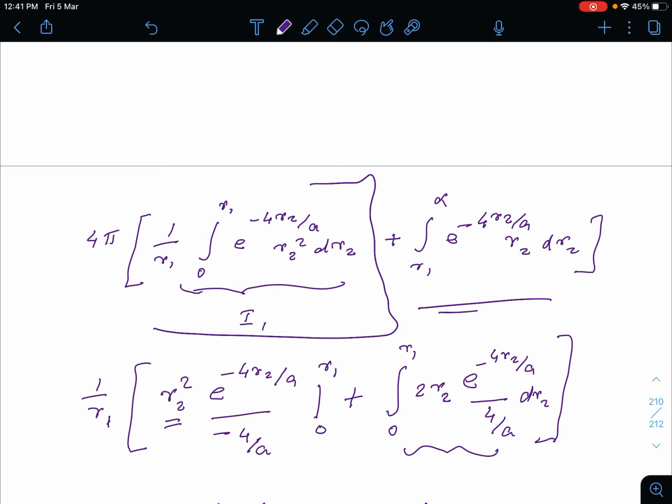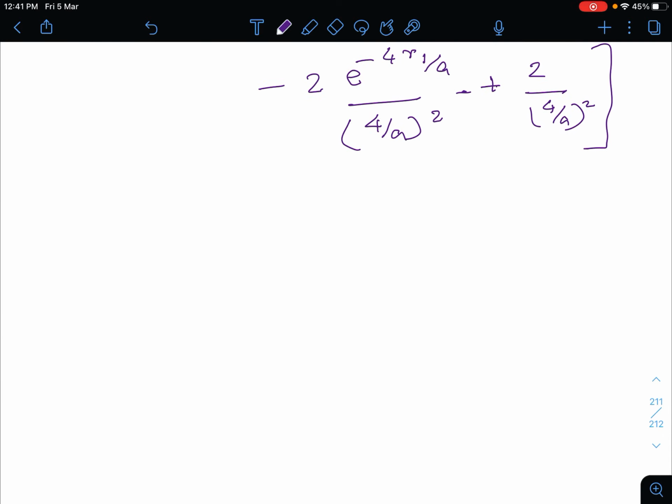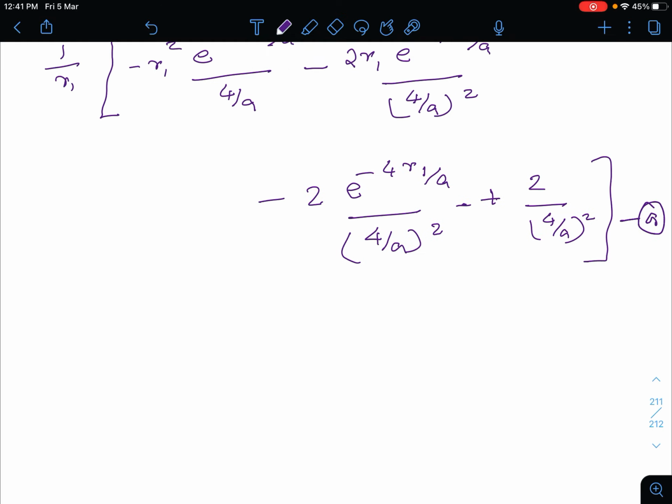Now let's move on to the second integral. Let's call this equation letter a. So the second integral is simply integral r1 to infinity r2 e raised to minus 4 r2 by a dr2.